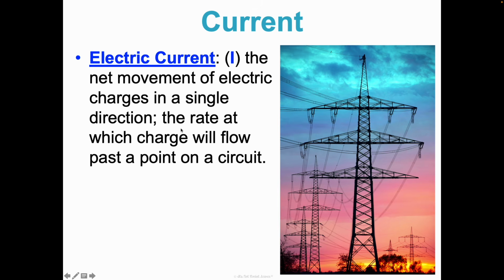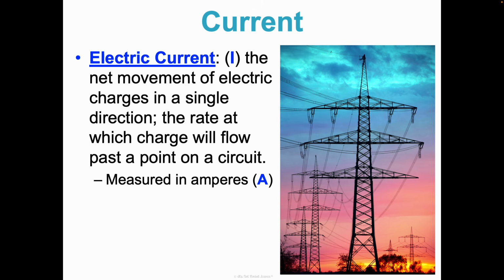Another way to define it is the rate at which charge will flow past a point in a circuit. And it's measured in amperes, which can be abbreviated as a capital A. And a little fun fact, 1 ampere, just to give you some context, is equal to 1 coulomb of electric charge flowing past a point every second, which is equal to 6.24 times 10 to the 18th electrons flowing past a point every second.